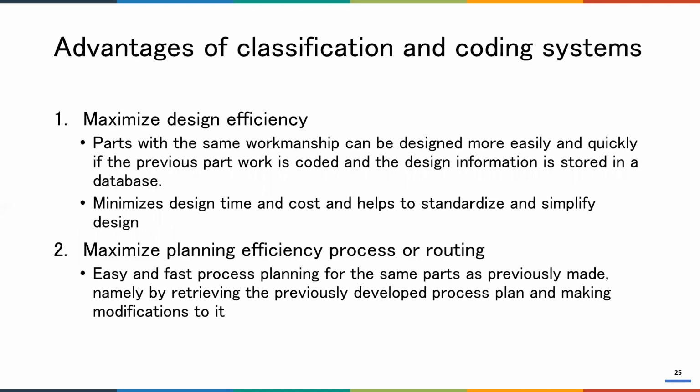The good thing about having the code is that, although you will need quite a large database for that, later on when you have a new product and you need a database about how to process such a product, having this code as the classification way makes it easy.